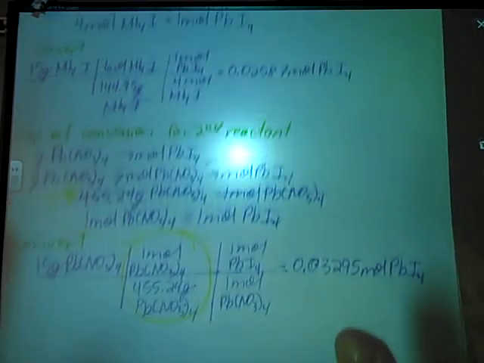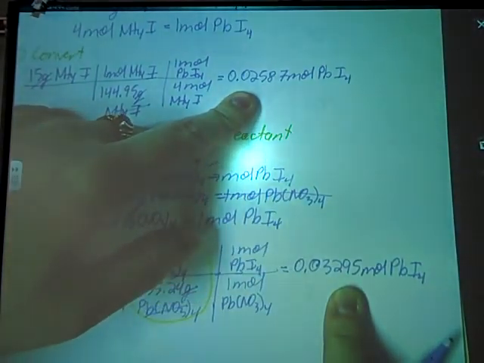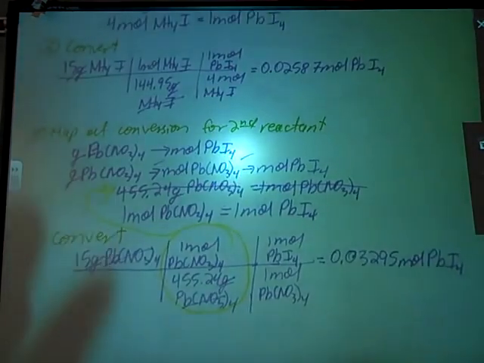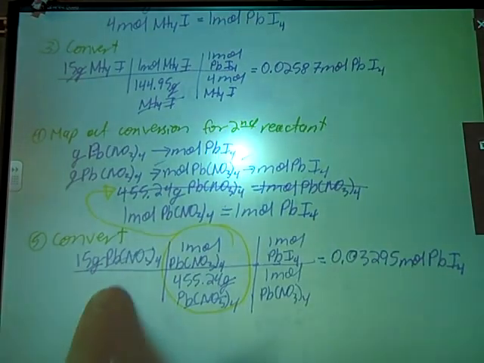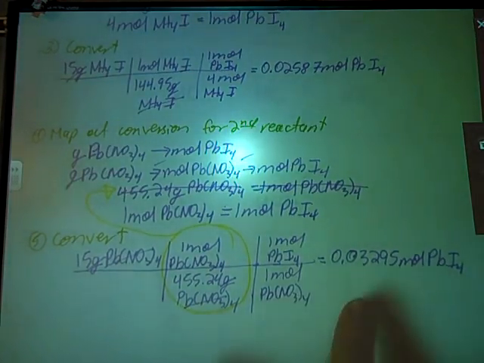So now I have 2 values. If I had 1 limiting and 1 excess, this number coming from if I had a limited amount of ammonium iodide and way too much of the lead nitrate, I would get this amount. If I had a limited amount of lead nitrate, I would get this amount.